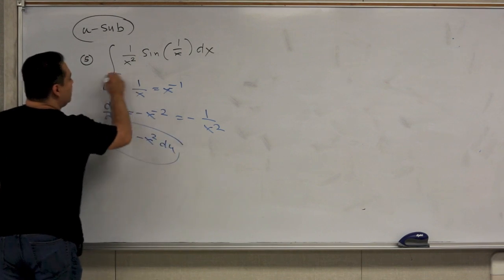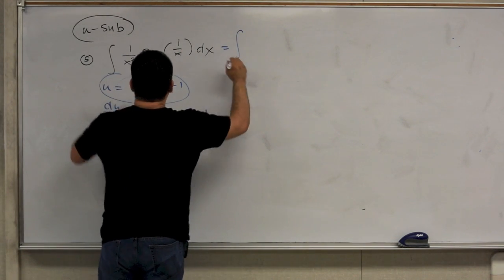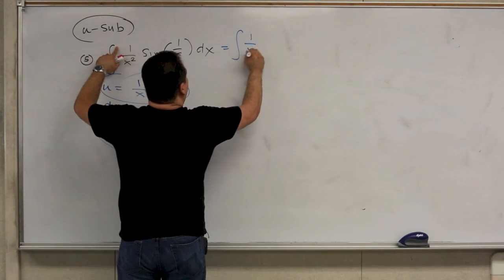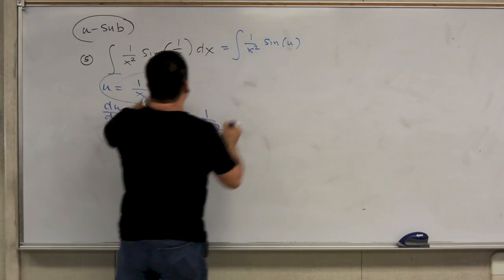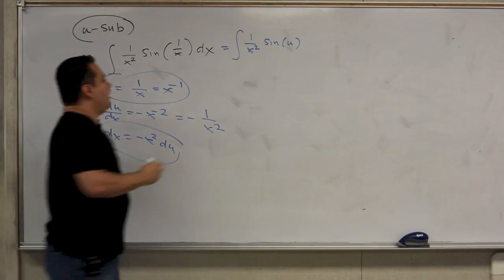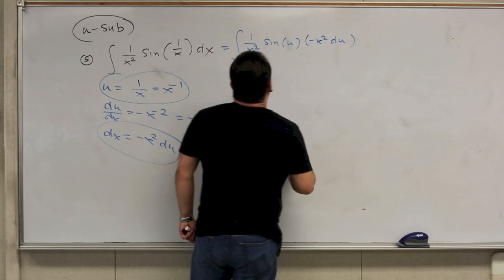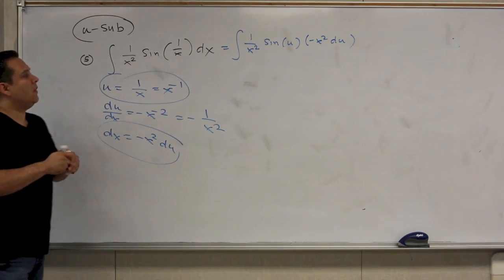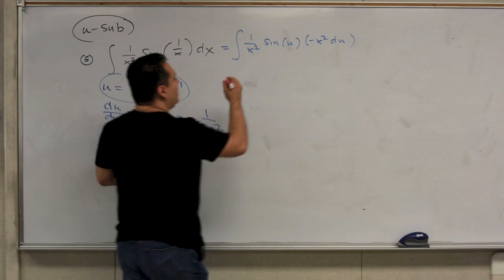So you're going to use this. And then, right, you have the 1 over x squared here. I got sine u now. What's dx going to be? That's the negative x squared du. So what do you guys think is going to happen now? What goes away?